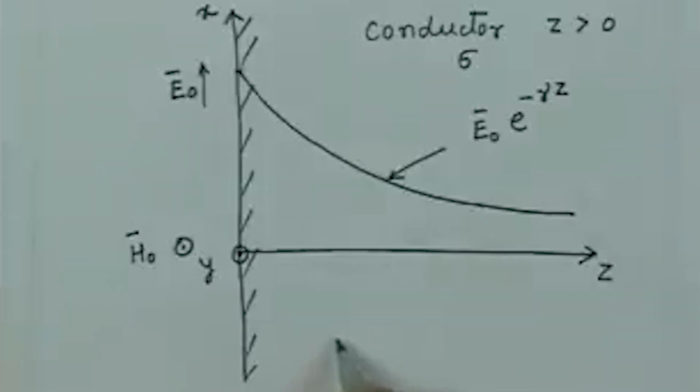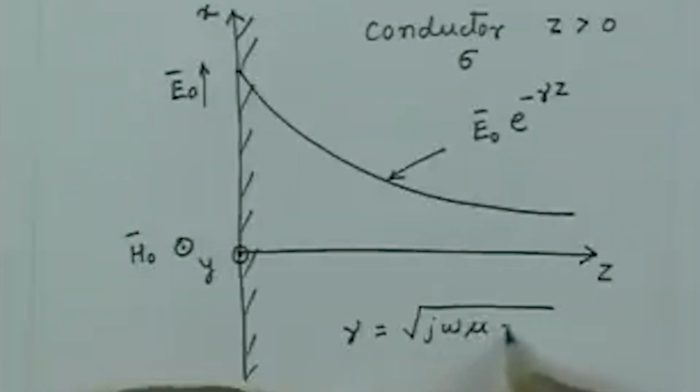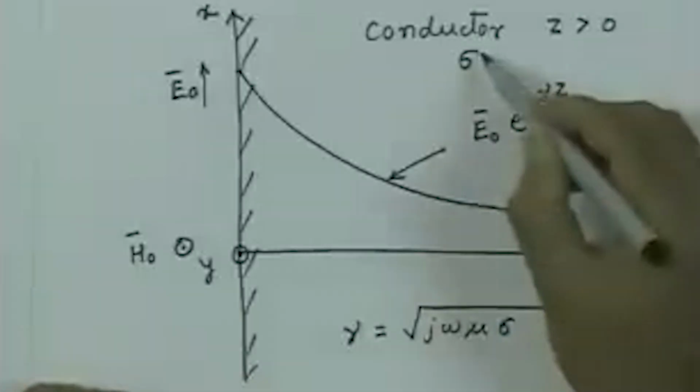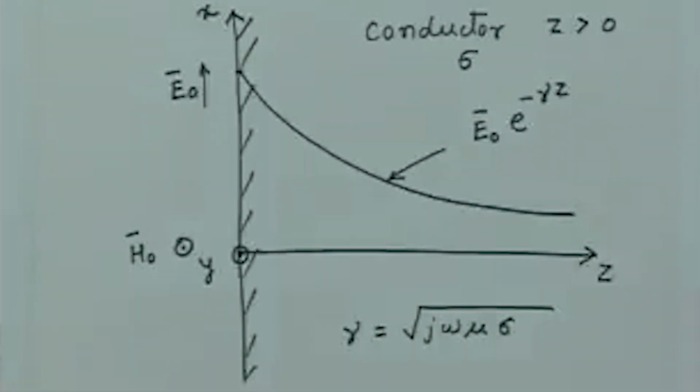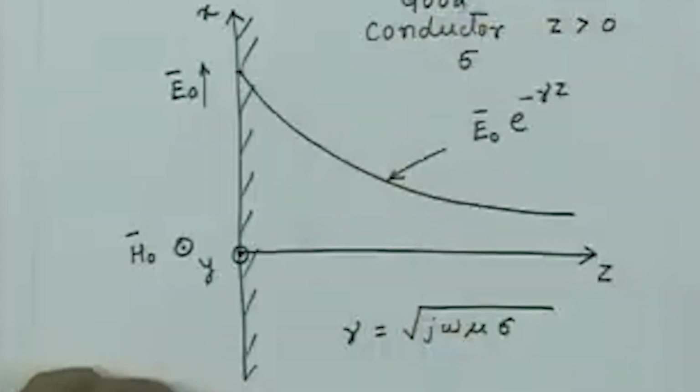So this quantity gamma, which is the propagation constant of this medium, is the square root, as we have seen earlier, of j omega mu into sigma. If the conductivity is very large, that means this is a good conductor.